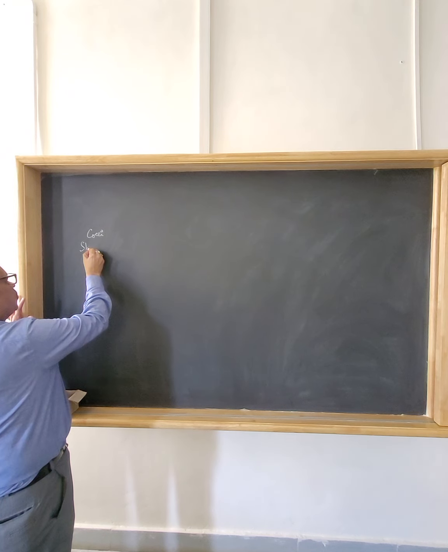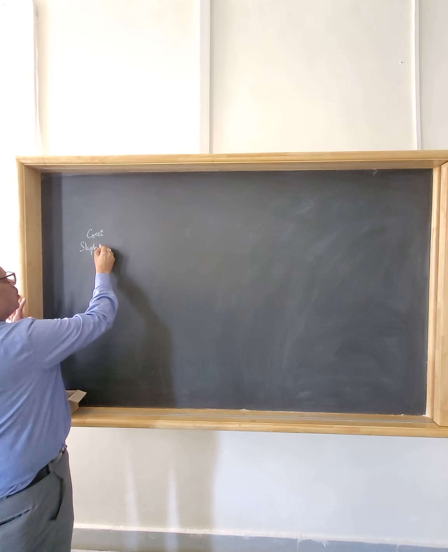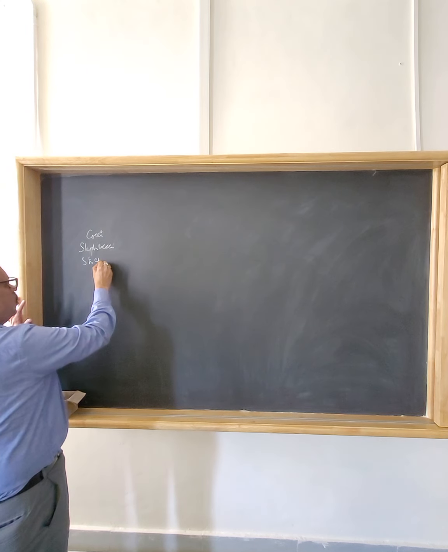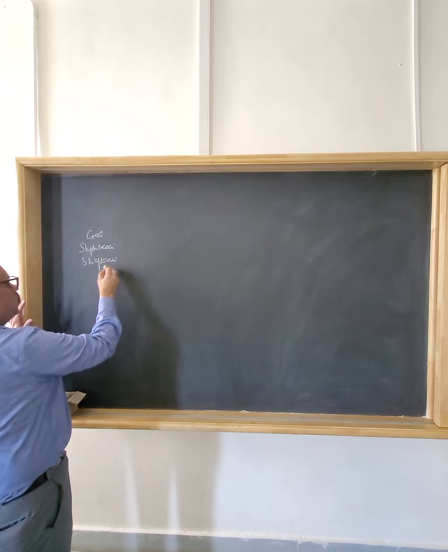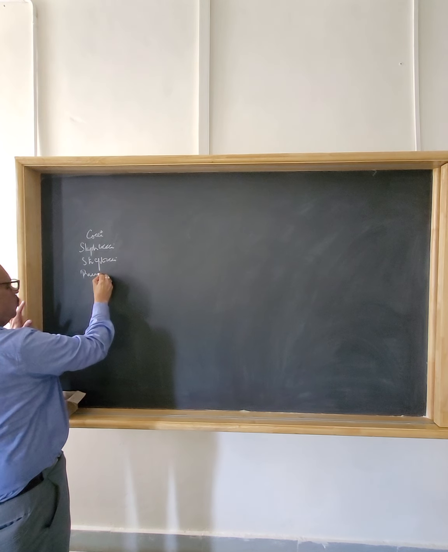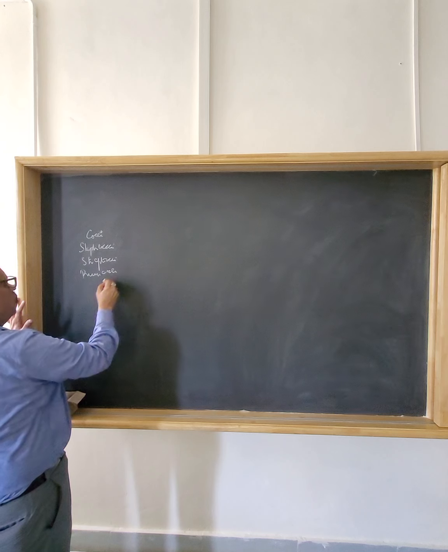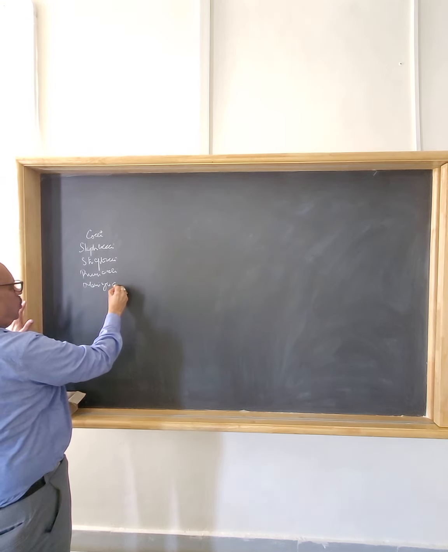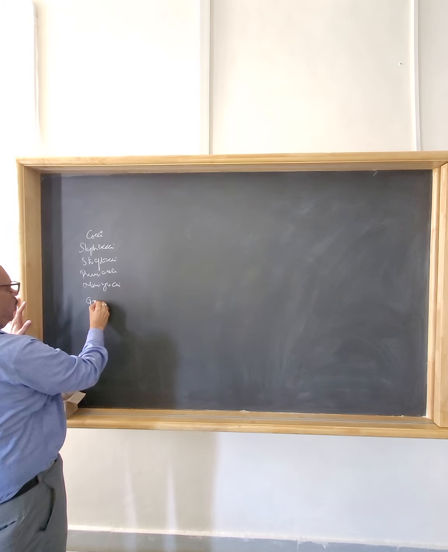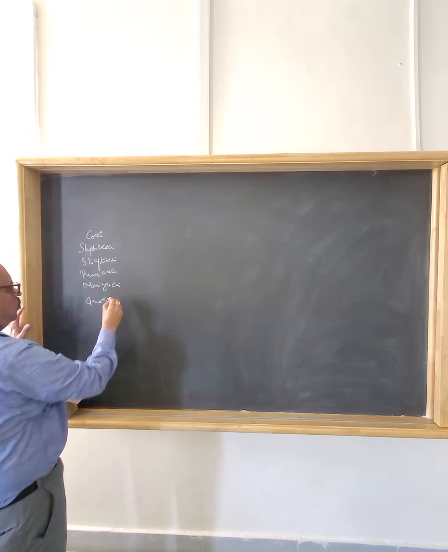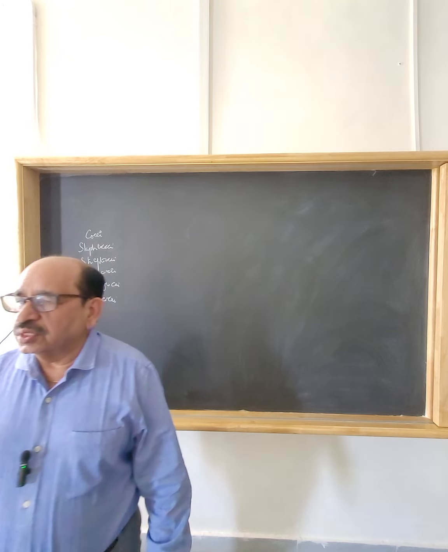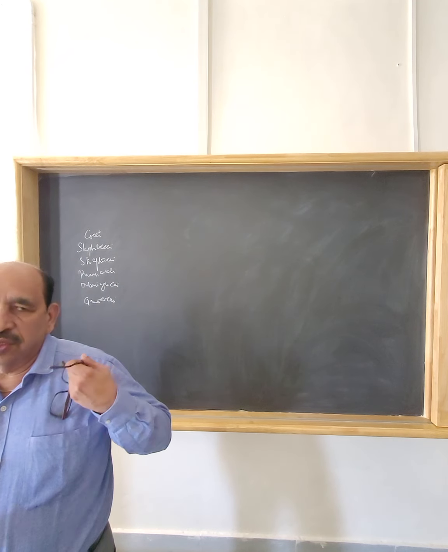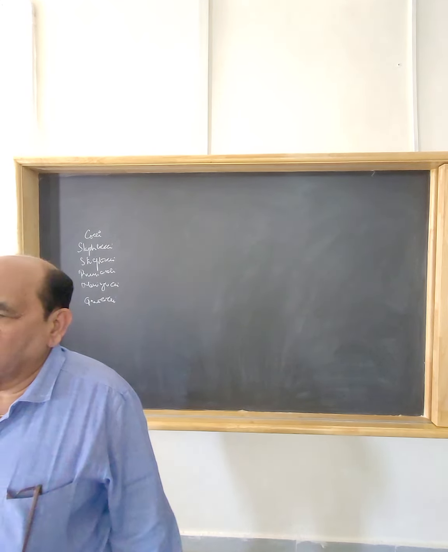There are 5 cocci which are important: Staphylococcus, Streptococci, pneumococci, meningococci, and gonococci. So repeat with me. There are 5 pathogenic cocci which cause infection in man.